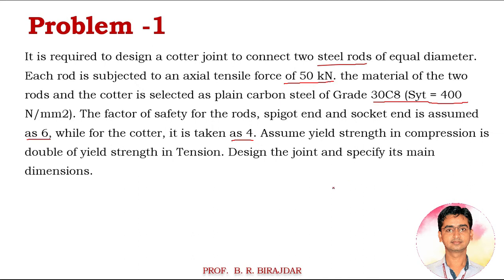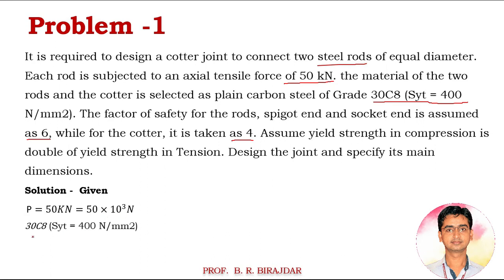Then design the joint and specify its main dimensions. Means we have to find out all the dimensions related to this cotter joint. First we will write what is the given data. They have given the tensile force, it is 50 kilonewton. So P equals 50 kilonewton, and we will convert it to Newton, so 50 into 10 to the power 3 Newton.